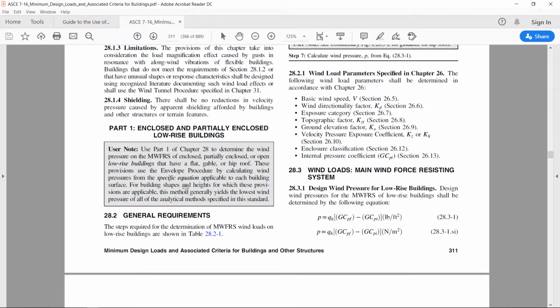For building shapes and heights for which these provisions are applicable, this method generally yields the lowest wind pressure of all the analytical methods specified in this standard.